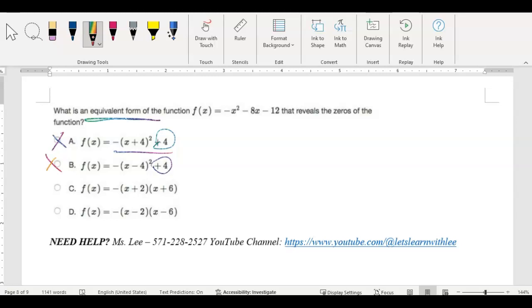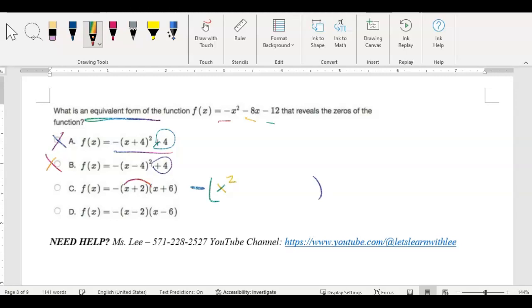So now let's go ahead and multiply these and figure these out. I'm going to give you this hint: we're looking at signs here. Notice all of these signs are negative. So let's take a look at this. We're going to leave this negative alone. Let's start with our parentheses. X times x is x squared.